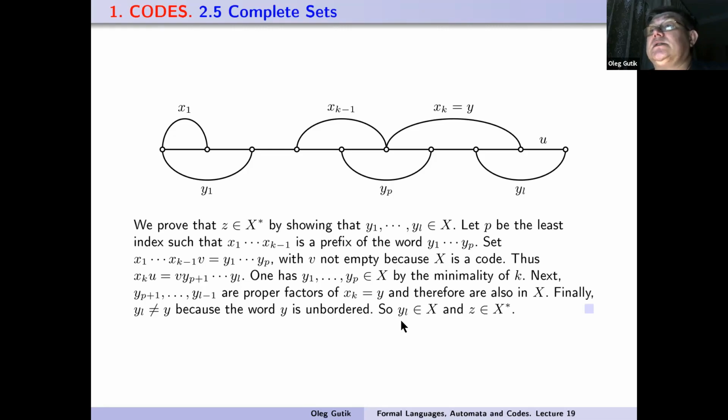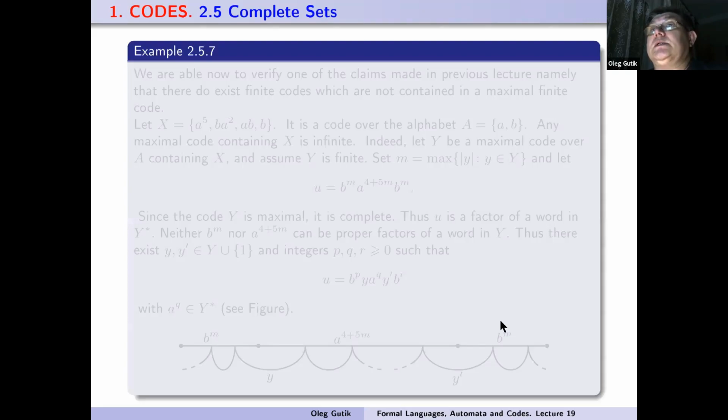So yl belongs to X, and the word z belongs to the monoid X*. This completes the proof of this proposition.